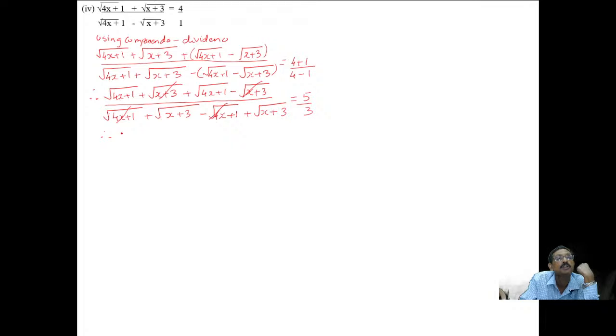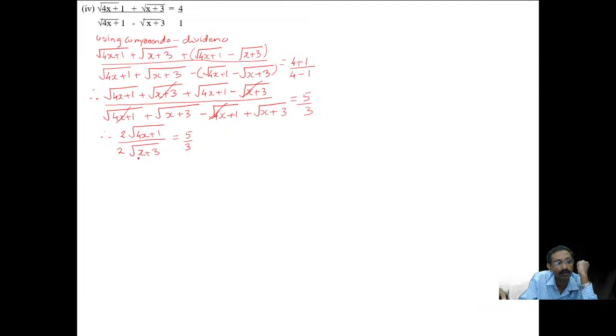Therefore 2 root of 4x plus 1 upon, and root of x plus 3 also 2 times, 2 into root of x plus 3, which is equal to 5 upon 3.